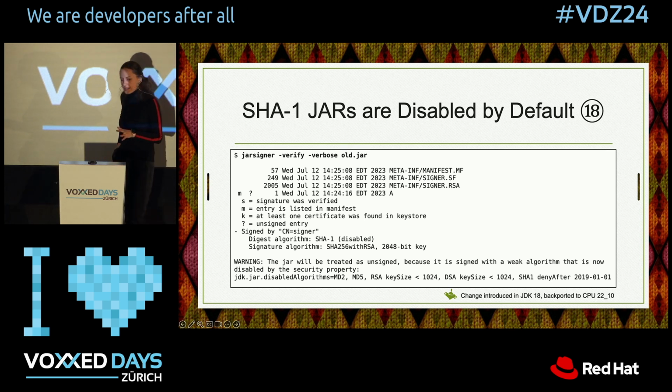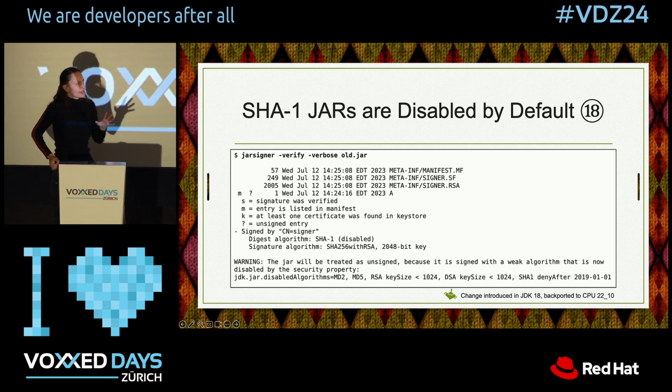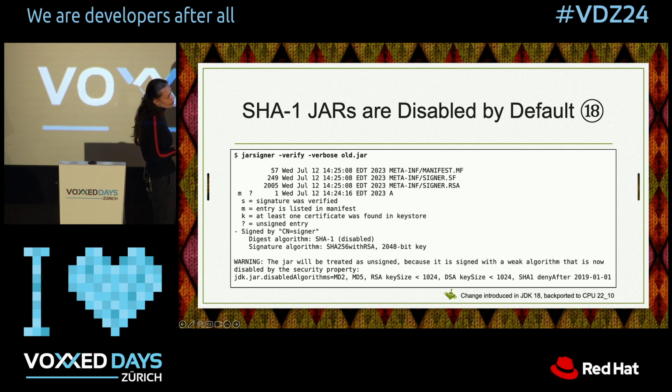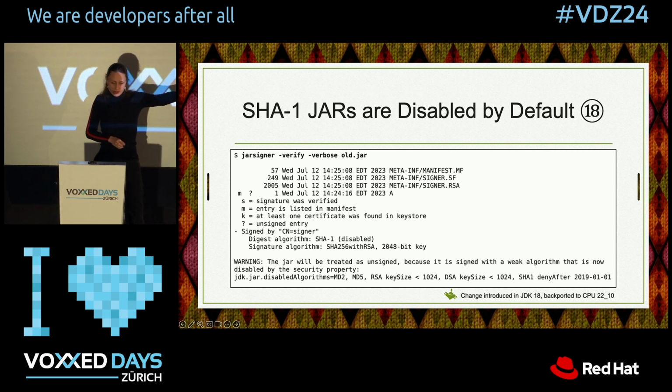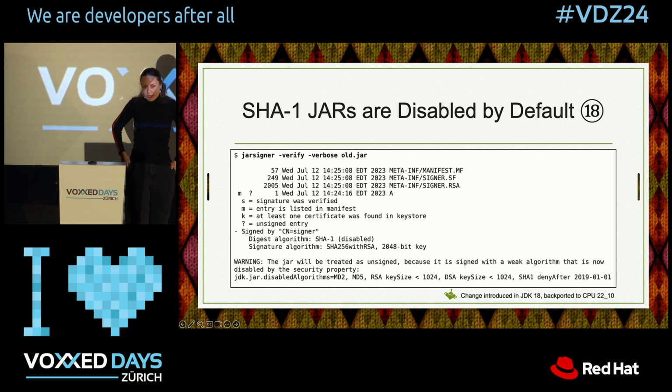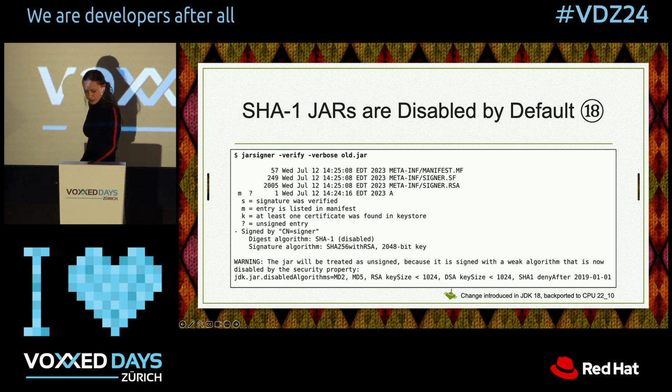To make sure that this change is not just for JDK 18 and above, these changes were also backported. That's why you see that little UFO there saying that the change was introduced in JDK 18, but was also backported. So now others are going to benefit from it as well.